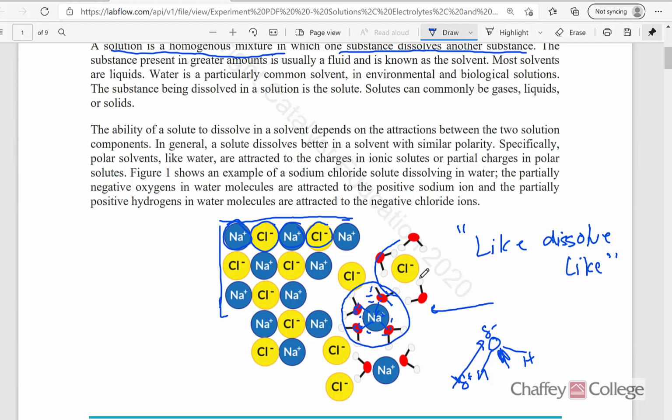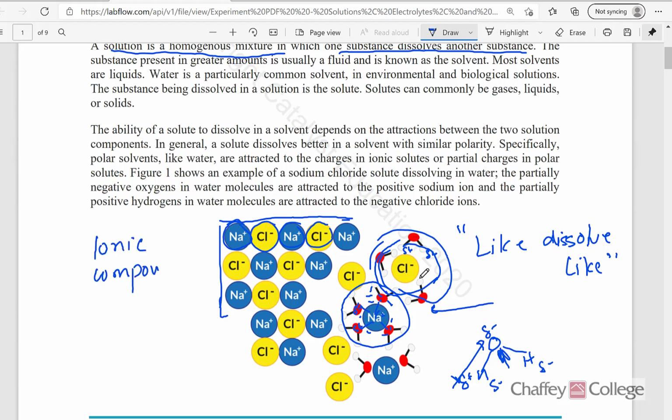Similarly, the chloride ions interact with the hydrogen of the water molecule because hydrogens are partially positive, so they form their own individual solvation sphere again. So all ions separate in a solvent and form their individual solvation spheres, and this is what happens when a solvent dissolves any substance.